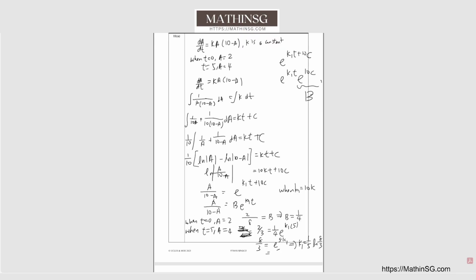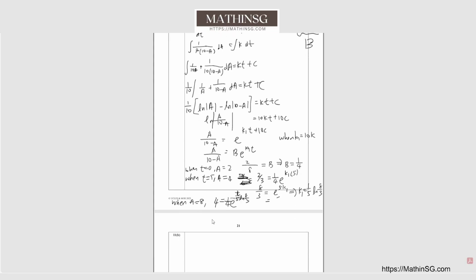So let me put in a is 8. So when a is 8, I have 8 over 10 minus 8. So 8 over 10 minus 8 is 4, right? Equals 1 quarter e to the power of 1/5 ln 8 over 3 t. So I can put the t here.